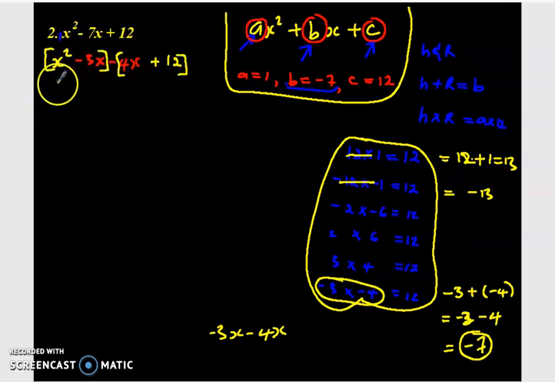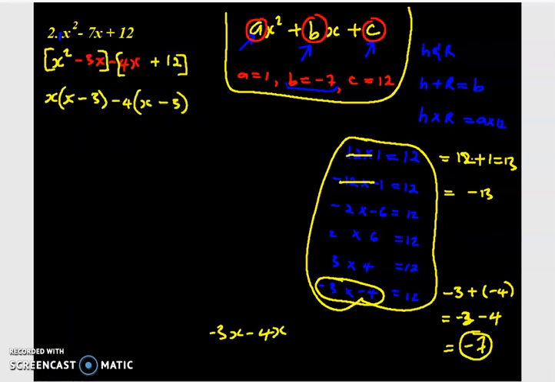x is common, so factor out our x. x is right there, minus 3 for this bracket. Then with the minus sign, 4 is common, left with an x, and we have a minus 3 right here, because if you multiply negative 4 times negative 3, you'll get a positive 12.